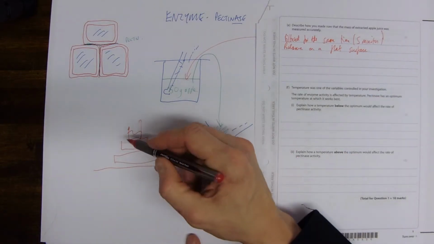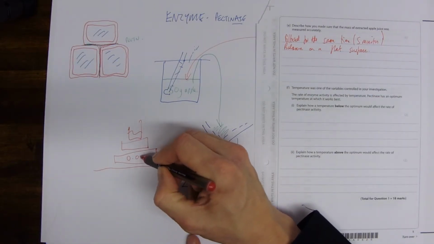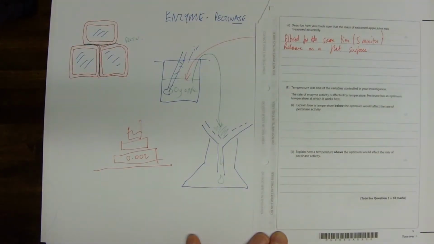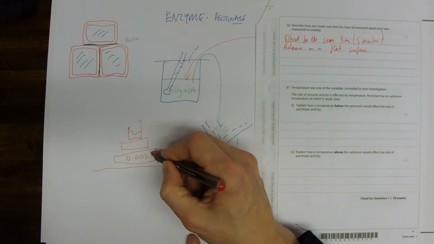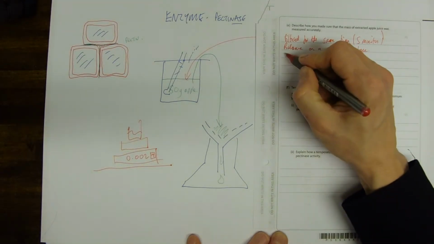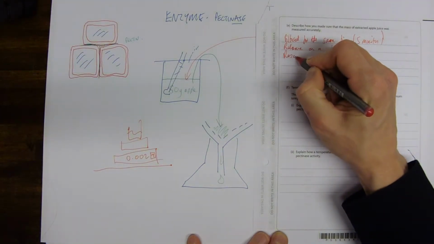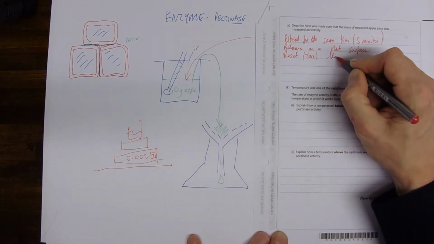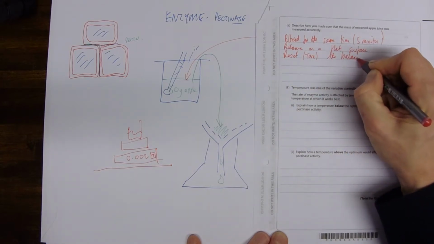What else do we need to do with this balance? Before you put anything on, it'll sometimes be already reading something. So there'll be a little button with T on for tare, which will zero the balance. So reset or tare the balance.